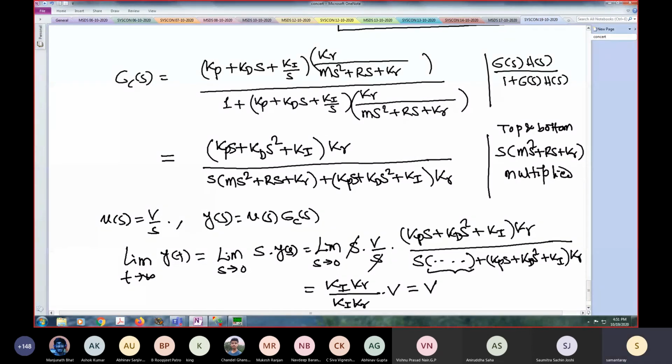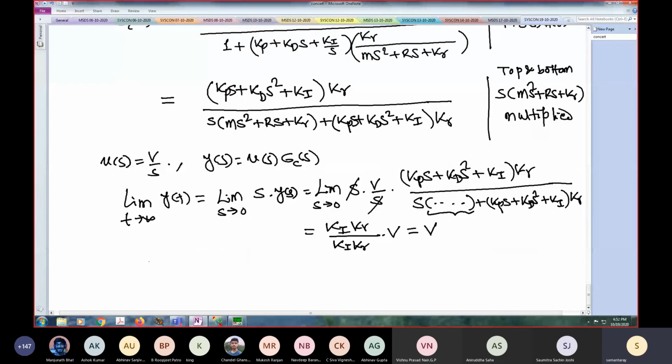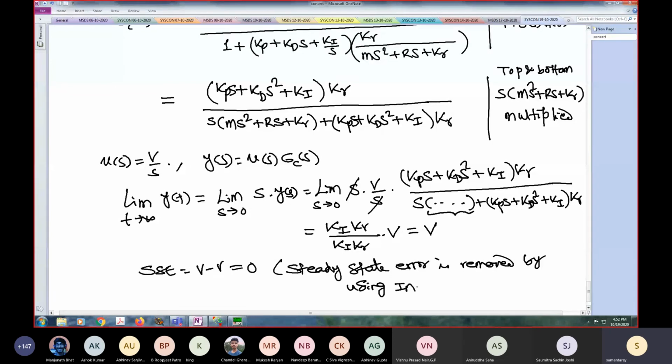So why did that S come? That extra S came from that Ki by S. So in that case, our steady state error, SSE, is equal to V minus V, which is 0, and steady state error is removed by using integral gain.